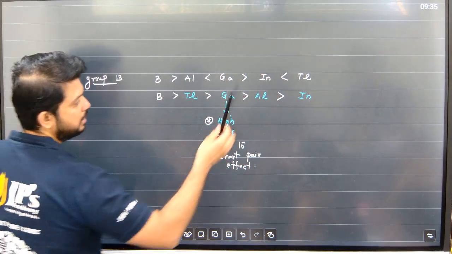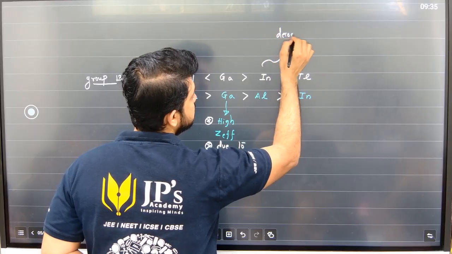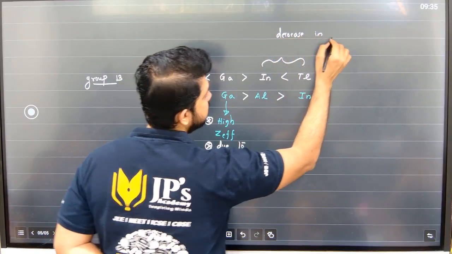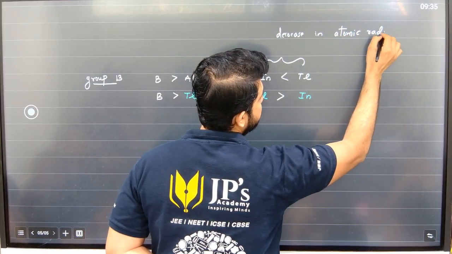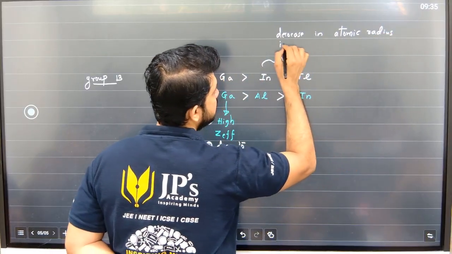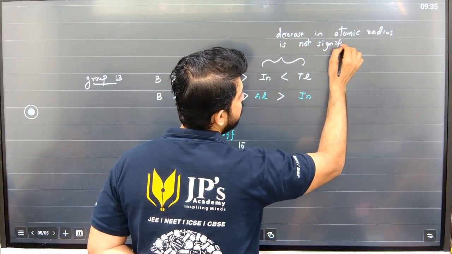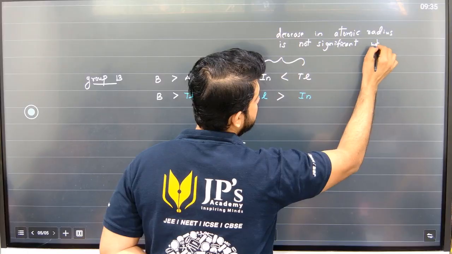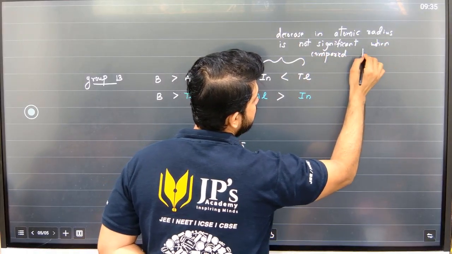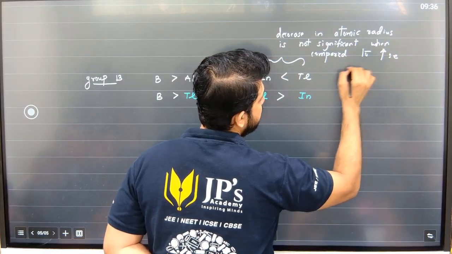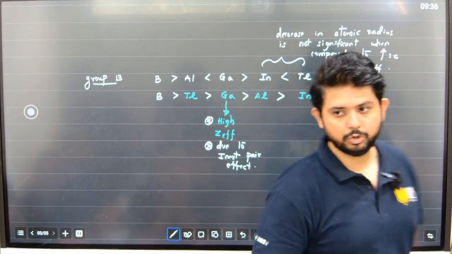I repeat, for these two, the decrease in atomic radius is not significant when compared to the increase in the effective nuclear charge.